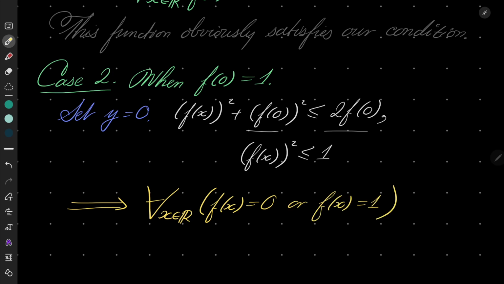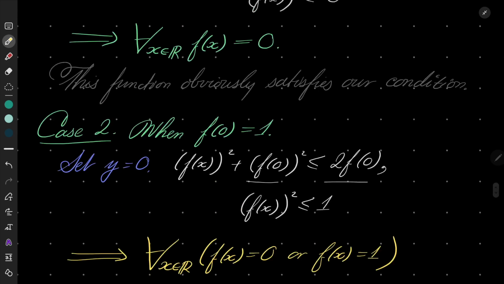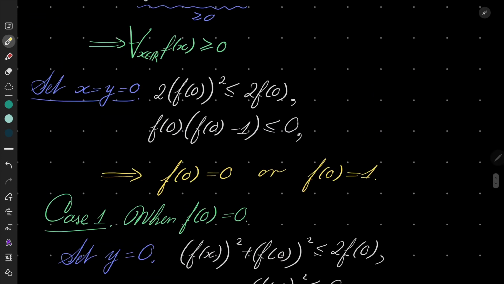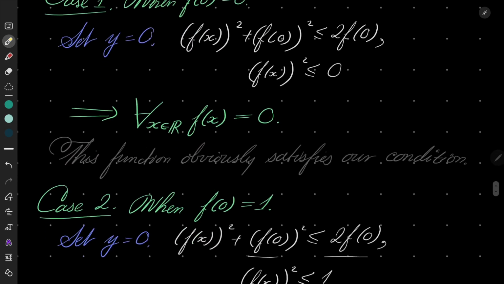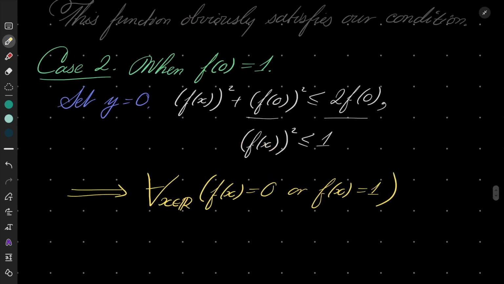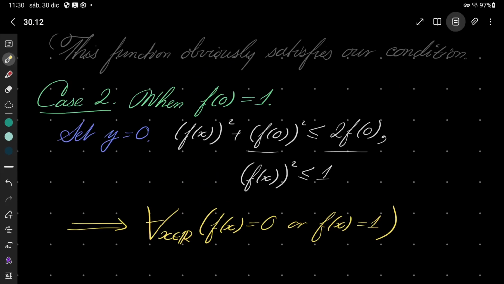It cannot be minus 1 because of the first part of our reasoning. We have established that our function attains only non-negative values. So our function can attain only the values of 0 and 1. And now I need another page.